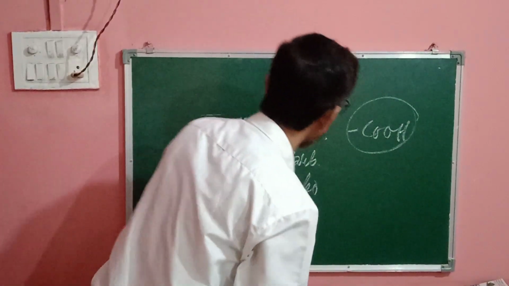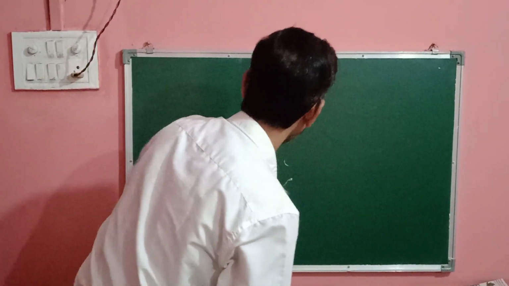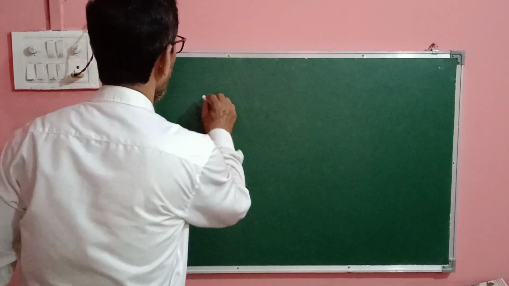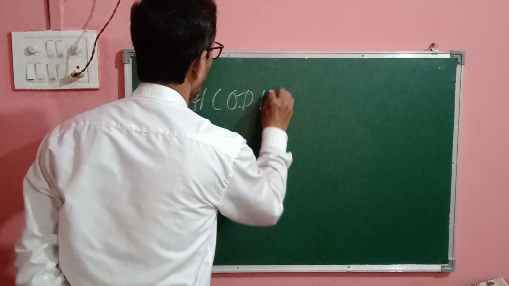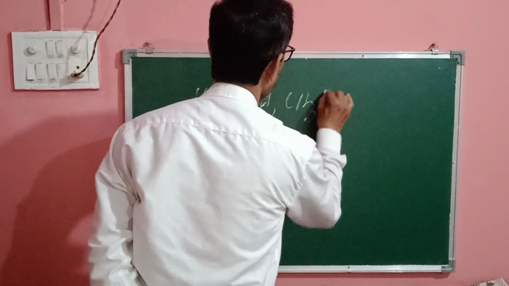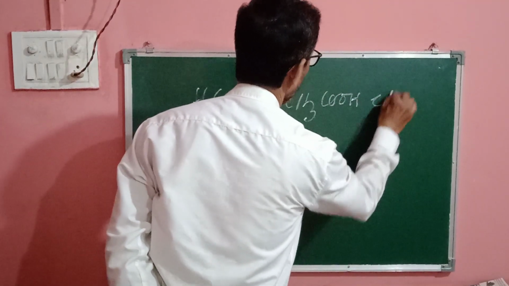If there is one carboxylic group, it is a monocarboxylic acid, say HCOOH, CH3COOH, etc.